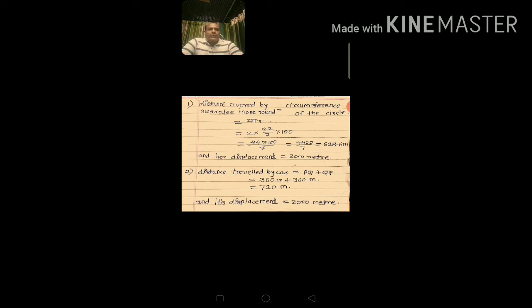Therefore, 2 into 22 upon 7 into 100, which is 44 into 100 upon 7, that is 4400 upon 7.